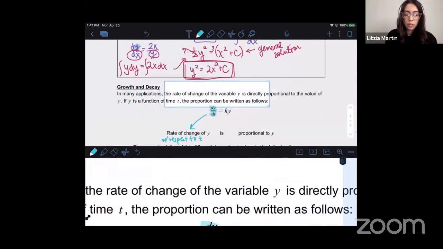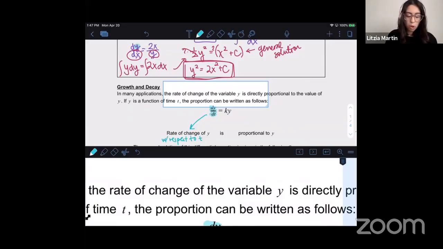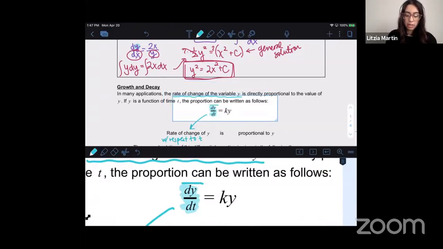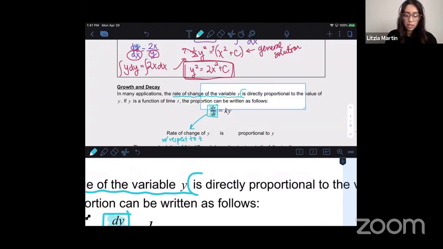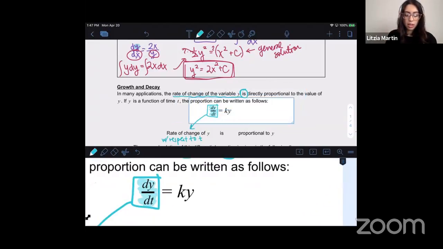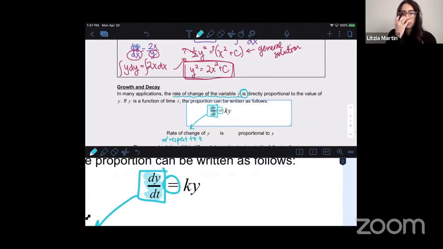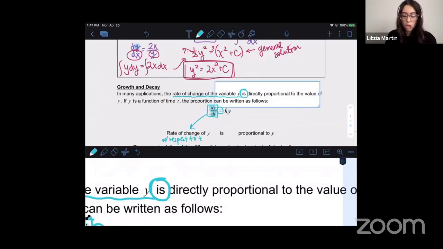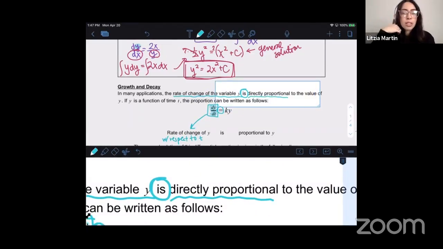So when we think mathematically, if we look at this phrase right here, the rate of change of the variable y, that whole phrase is represented by dy over dt, and the word "is" is represented by the equal sign. And then we see directly proportional. Whenever you see that phrase directly proportional, it's talking about proportionalities.